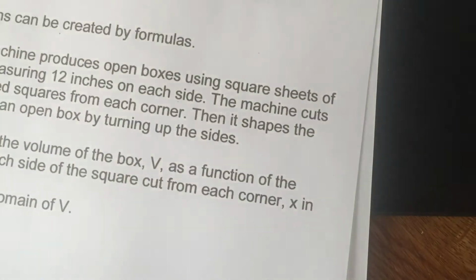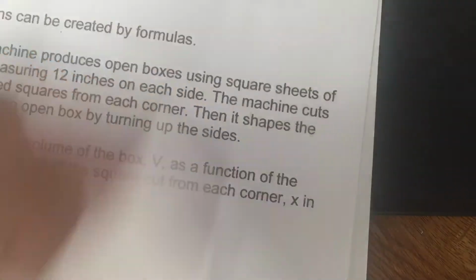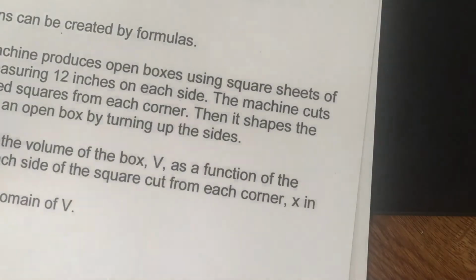So each side that was flat gets folded up to where we have a box here now. And I'm going to put my corners in it. So that's really what's going on with this sheet.